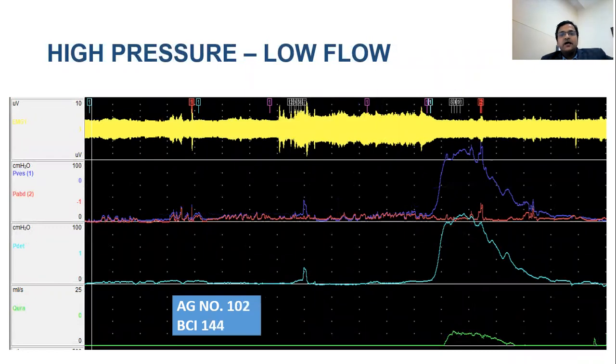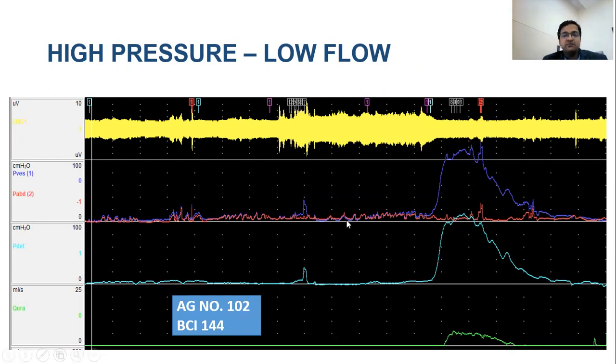In this high pressure, low flow situation, you see good detrusor relaxation during the filling phase, and you see an obvious high pressure and low flow situation with relaxation of the sphincter. So this looks like a person who is neurologically intact and has some sort of obstruction, unless this was a young baby less than 5 years of age, who are expected to void with high pressure low flow.